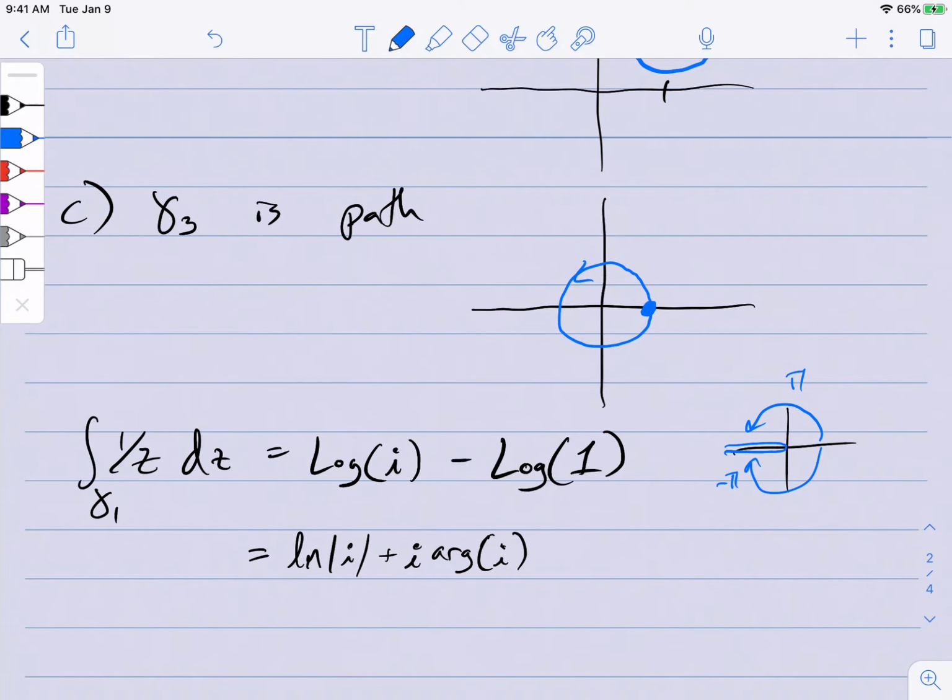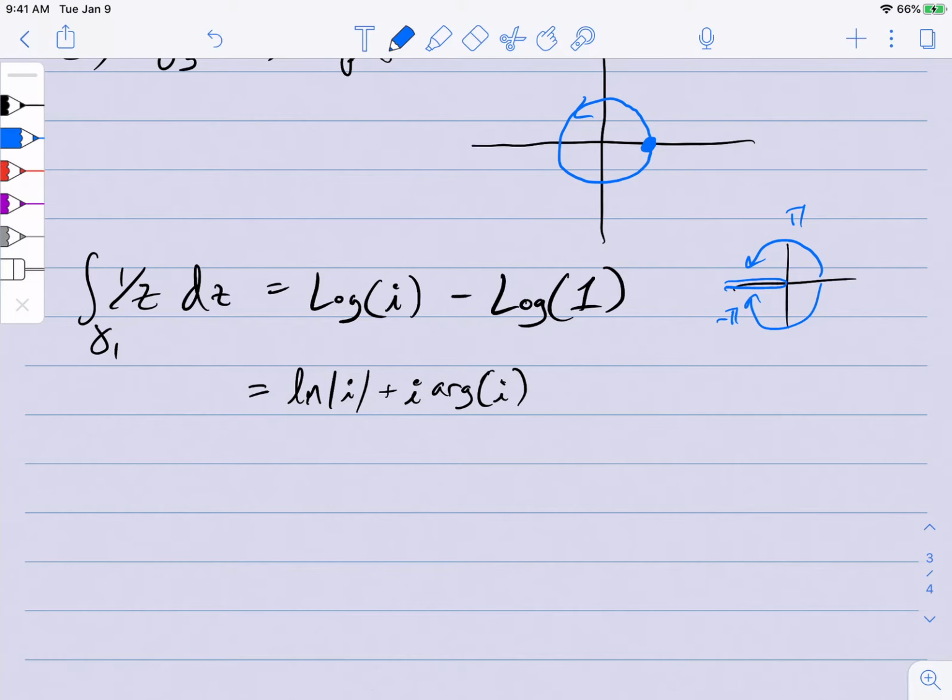Those are the angle measures that we're using. And so in this case, argument of i is going to be pi over 2. Okay, and then we're subtracting log of 1, which is just ln of modulus of 1 plus i times argument of 1.